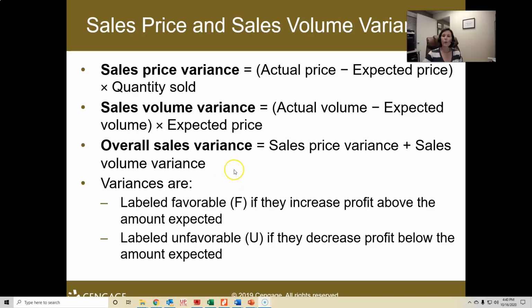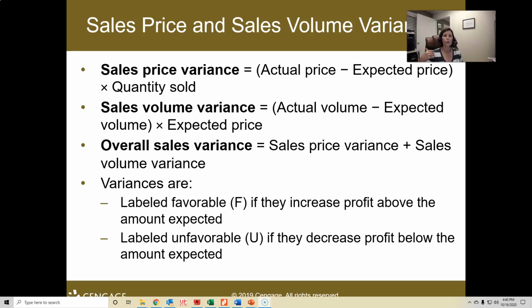Now we've got a few calculations that you just need to take note of at this point. Concepts called sales price variance, sales volume variance, and overall sales variance. And here are the calculations here. And what this refers to are forecasts.